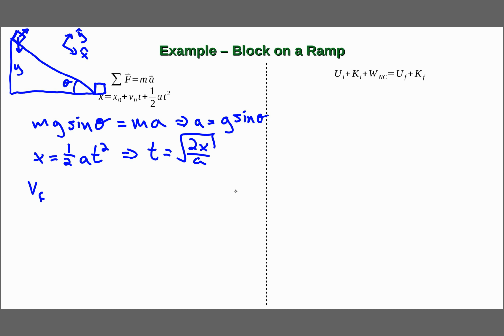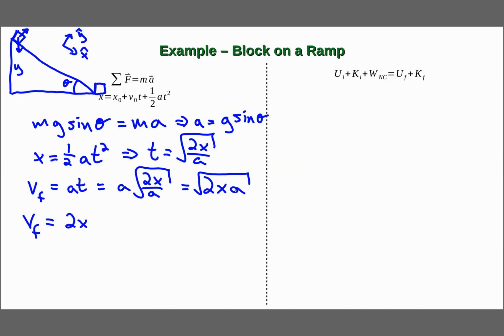I would say v final equals at, equals a times the square root of 2x over a, equals the square root of 2xa. And then I would replace the a, because that's actually g sine theta, right? But I don't actually know x, so that one's not useful to me.